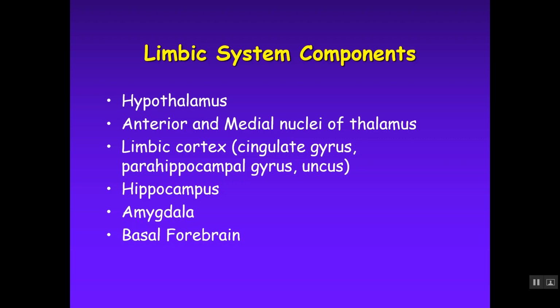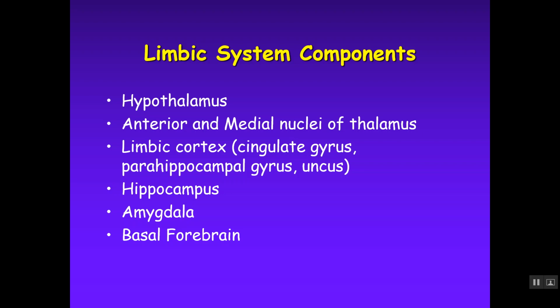The anterior and medial nuclei of the thalamus have an integrative role for the limbic system. The limbic cortex, those are cortical regions in your cerebrum where some limbic system function primarily happens. The cingulate gyrus, remember the cingulate gyrus, right around that C-shaped one right near the corpus callosum. The parahippocampal gyrus, and then the uncus.